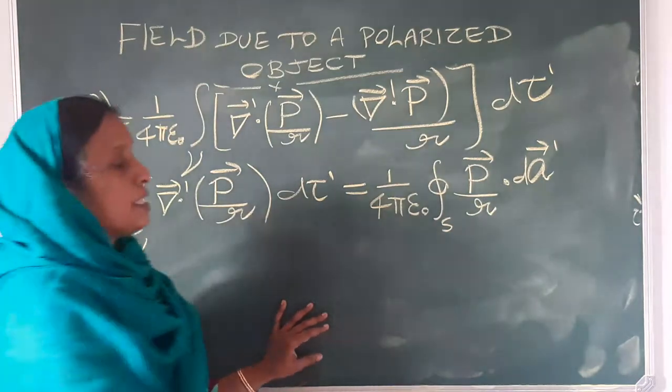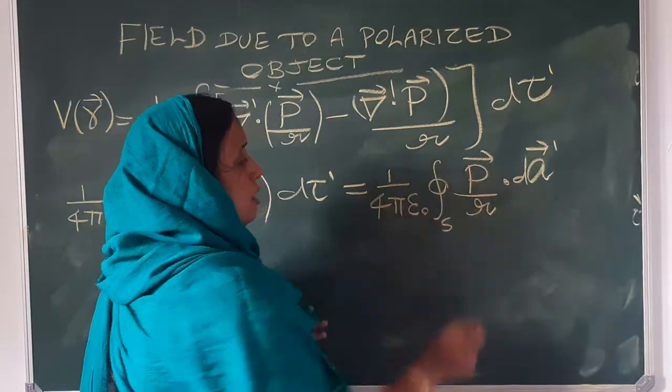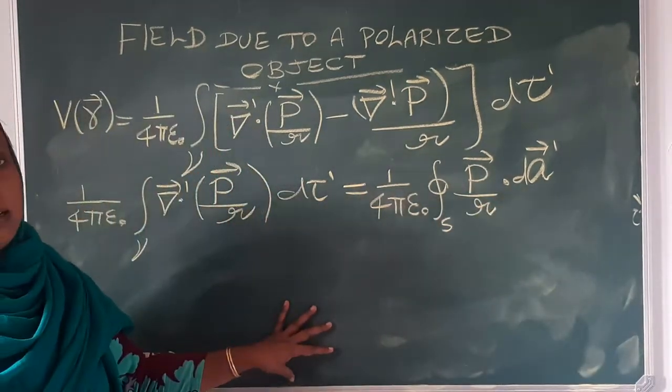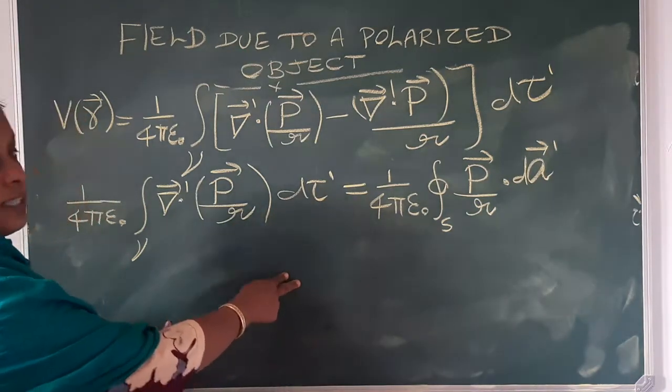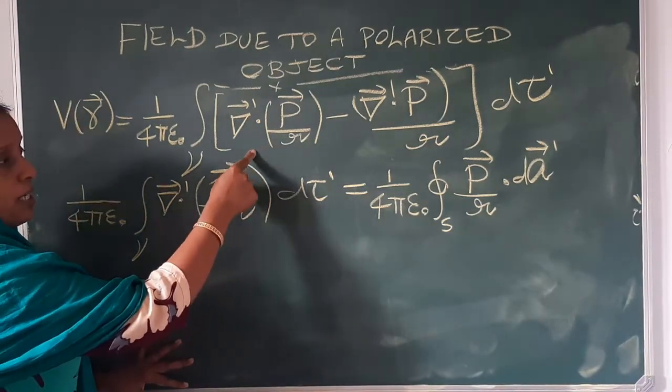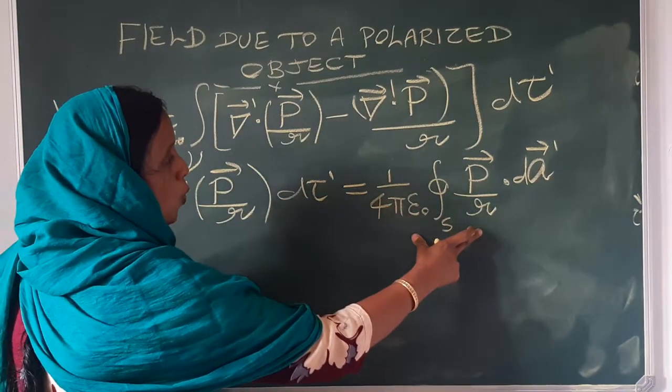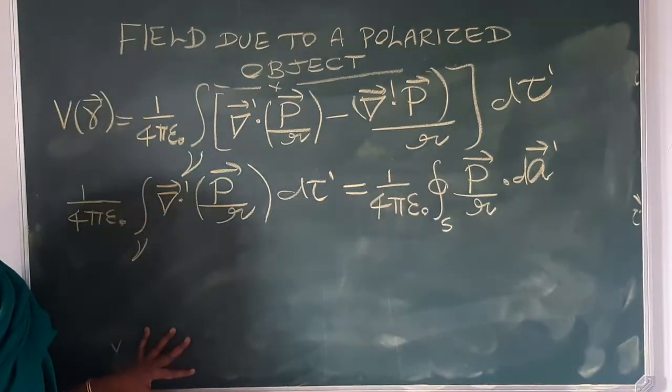Okay, well this dA prime represents the surface integral. Okay, so we can replace the first volume integral with this closed surface integral.